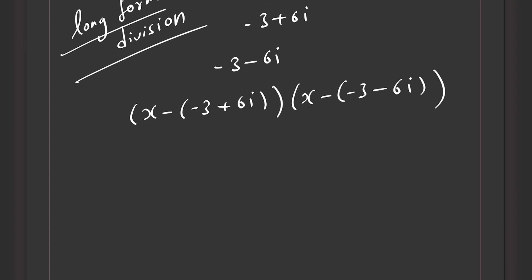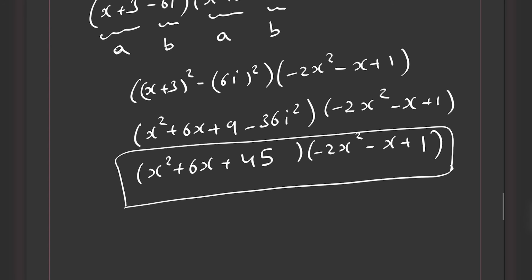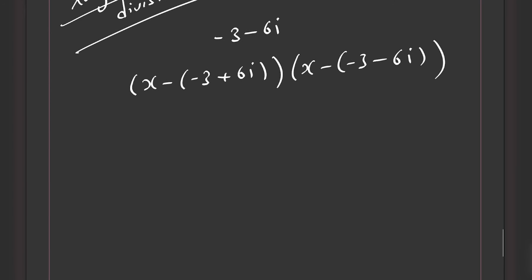Whatever quadratic you get, we already did this, so we will take the result that we have here, which is x square plus 6x plus 45. So we will use this as a divisor and the original polynomial as a dividend and get our quotient, right?